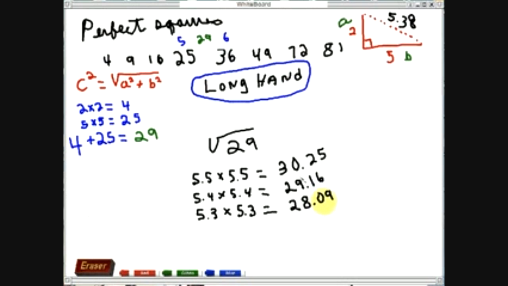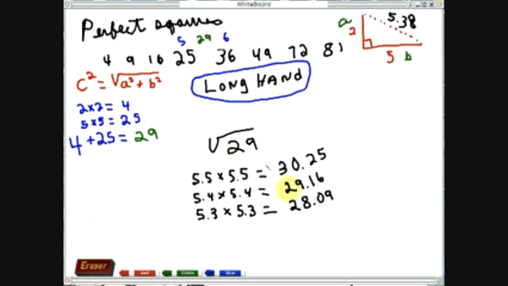Well, that looks like that's the one we're going to use, this 5.3 to start out. And that'll give us our 28.09. What you're trying to do is get the closest number to this on the lower side. That's the objective, and this is the lower number on that side.